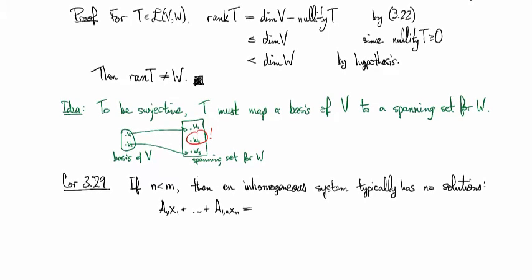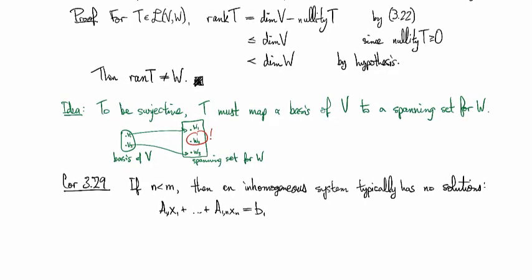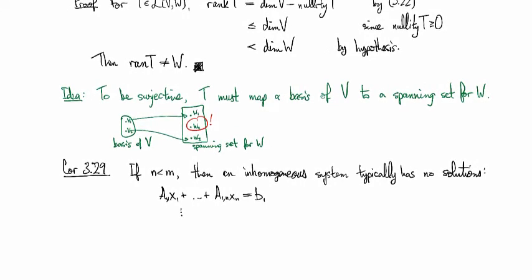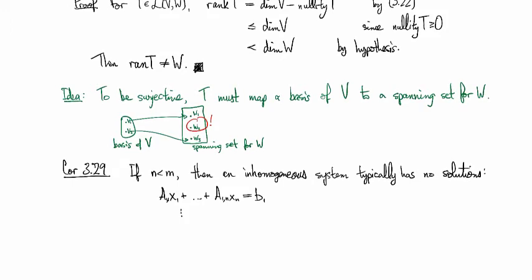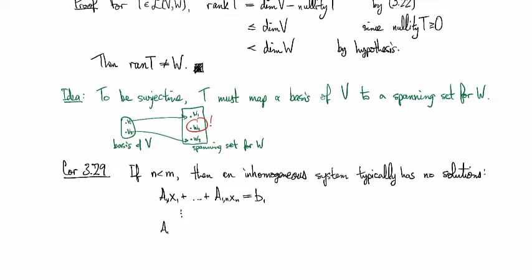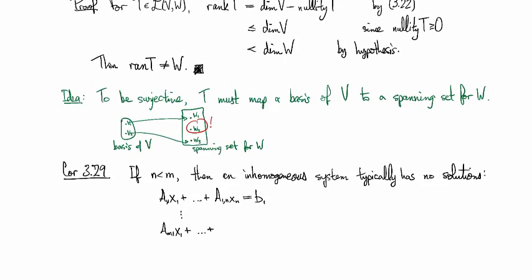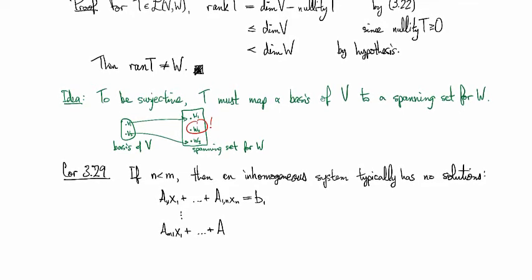And this time, since it's inhomogeneous, we'll put a B1 here. We have to do inhomogeneous because we know that for homogeneous systems, they're always solvable because you always have the trivial solution. But the idea is that for inhomogeneous, you could pick a B that doesn't work.